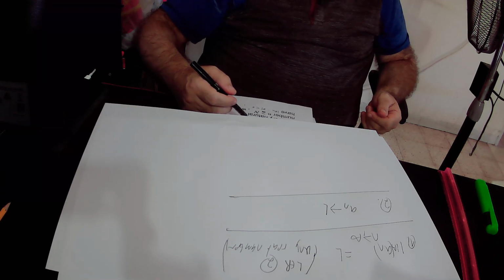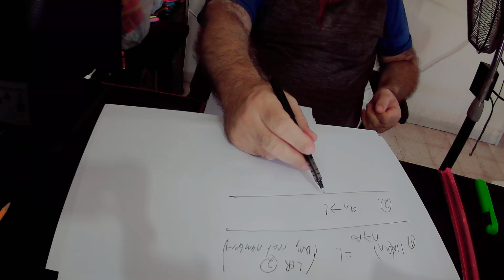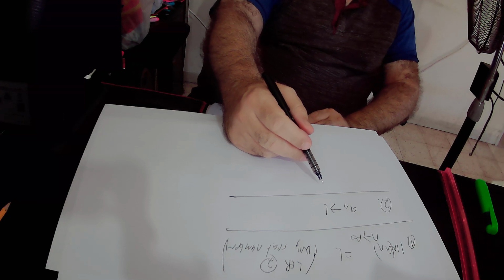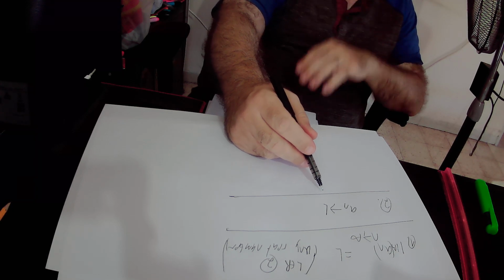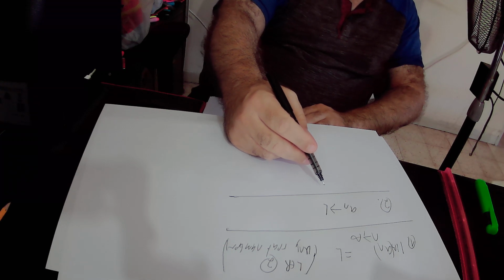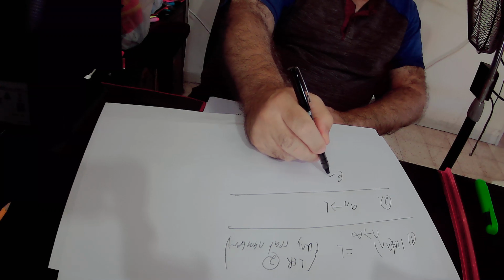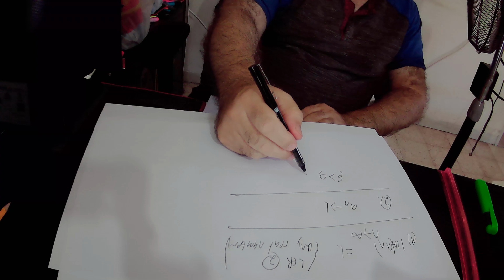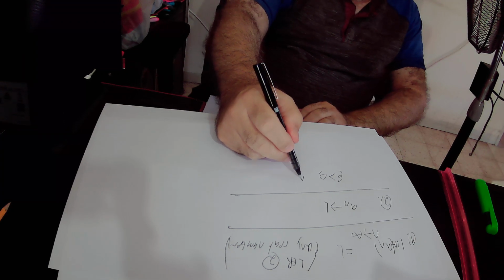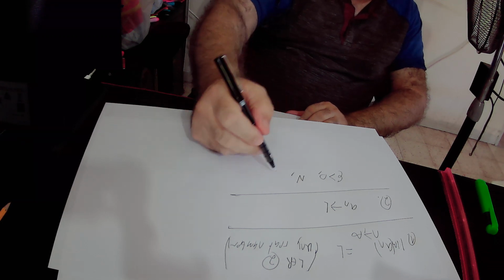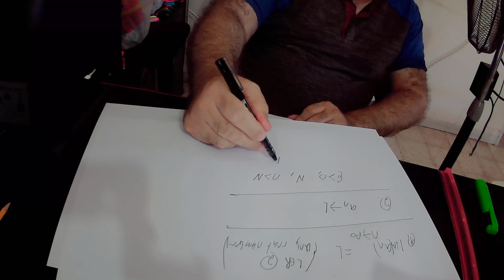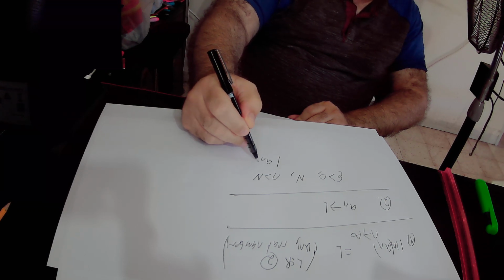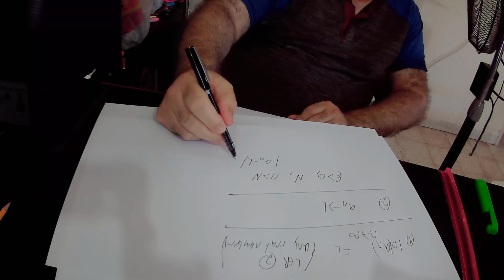Only if the following condition holds, we can say that the limit of sequence an is equal to L. The condition is that for each real number epsilon that is greater than 0, there exists a natural number capital N such that for every natural number n that is greater than capital N, we will get that the absolute value of an minus the limit L is less than epsilon.